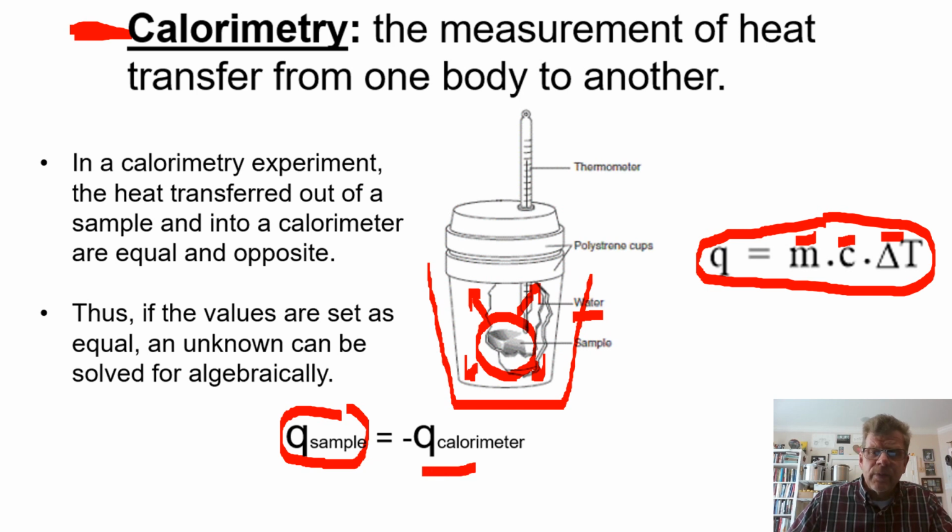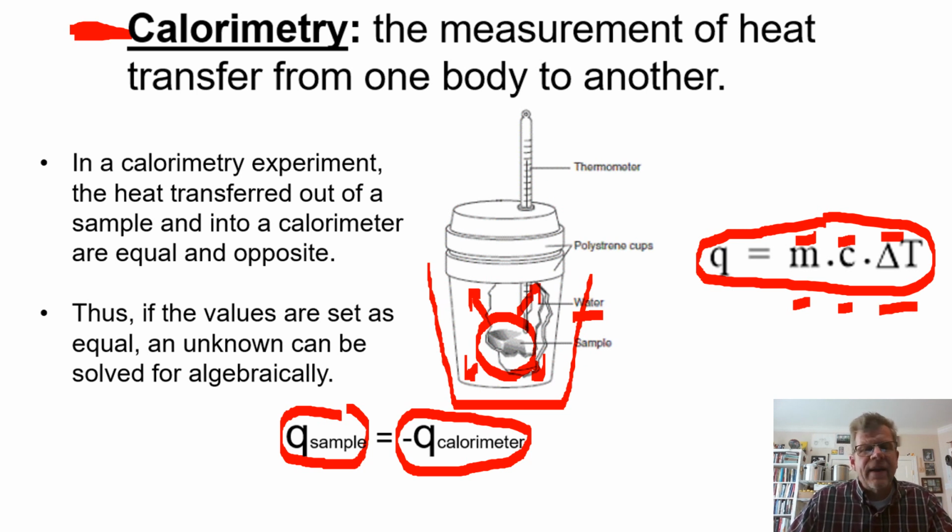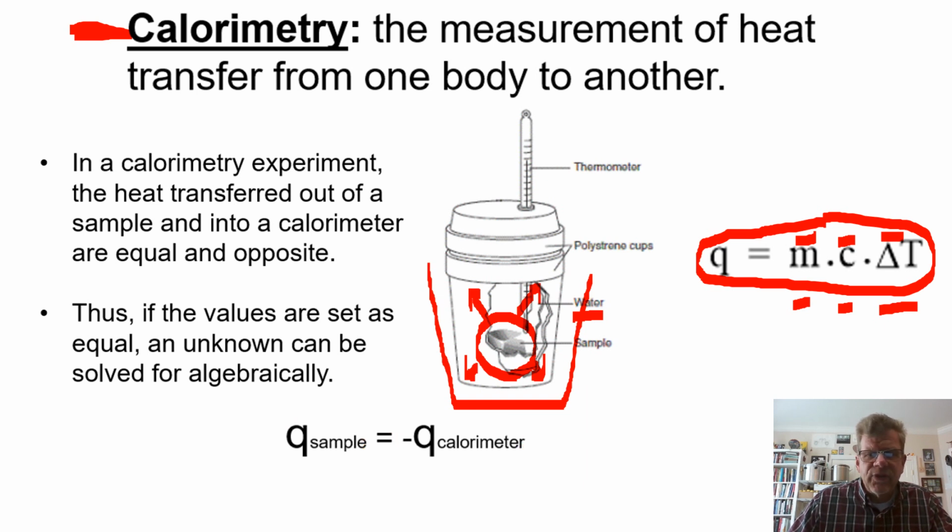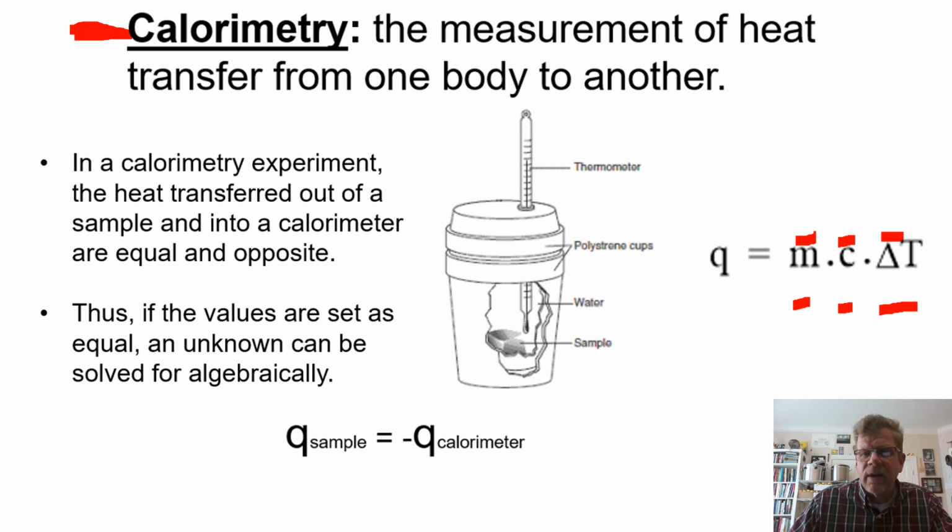Similarly, the heat of the water in the calorimeter. So really, Q of the calorimeter is the water within it. Now I can measure the mass of that water. I know the heat capacity of water, and I can measure the change in temperature of that water in this system. So let's see how this is done. If I substitute in, let me just clean this up a little bit here.